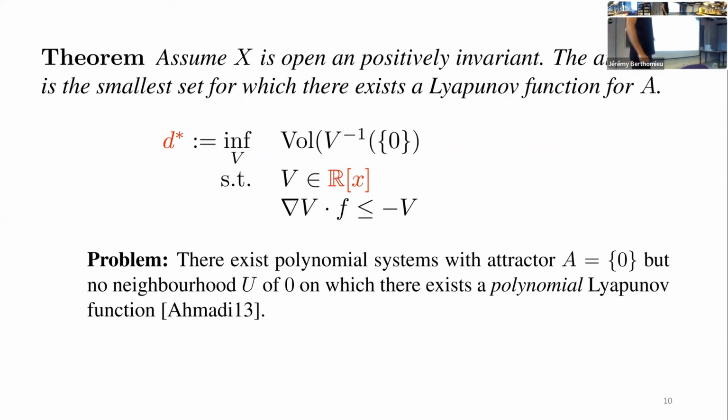This was shown by Ahmadi with very nice techniques, two-dimensional even. It's very geometric. But this already seems like it's ruling out this technique in general. There are still examples and even conditions when I can find a polynomial Lyapunov function, but in a very general case, this might not be the case.